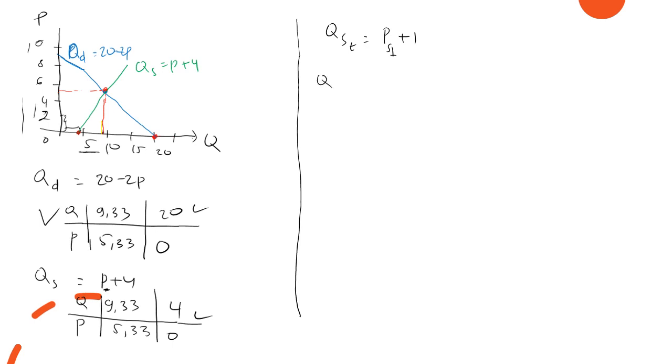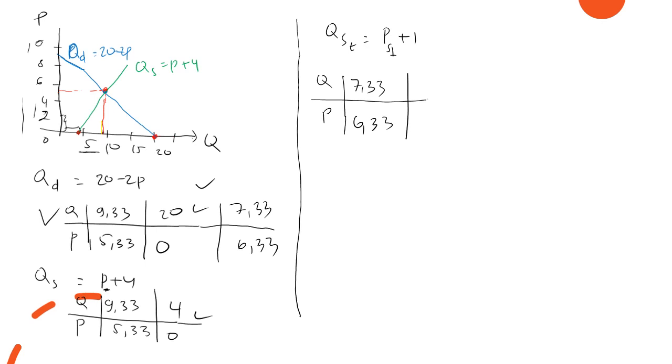And we have found the coordinate of the equilibrium with QD here is 7.33 and 6.33. So QD also has coordinates of 7.33, 6.33. Back to QSD here. So we need another help of a coordinate which is the function of QST. So now let's have 0 here. 0 plus 1 is 1.